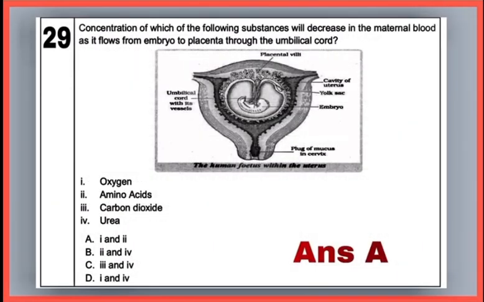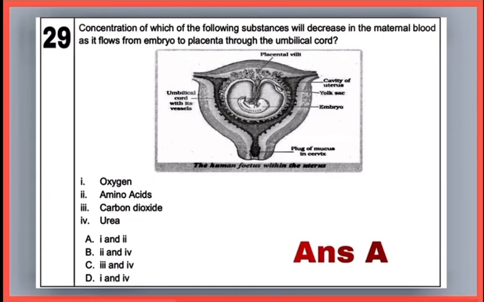Question number 29. Concentration of which of the following substances will decrease in the maternal blood as it flows from embryo to placenta through the umbilical cord? Option A is correct: first oxygen and second amino acid.